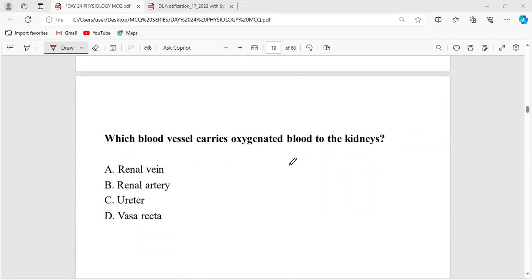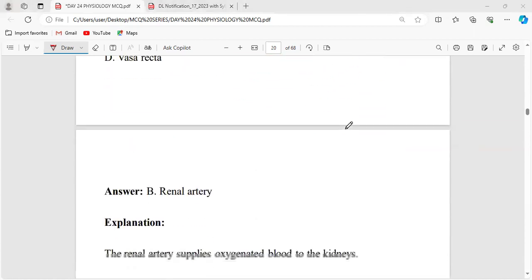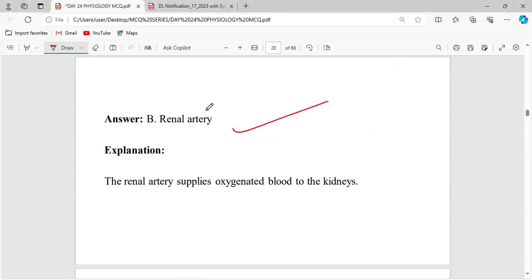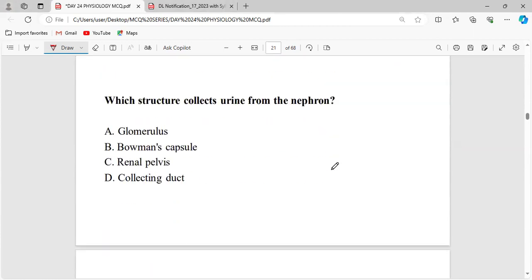Now, which blood vessel carries oxygenated blood to the kidney? That will be the renal artery. Artery is always dealing with oxygenated blood except the pulmonary artery. Just keep in mind this, okay?